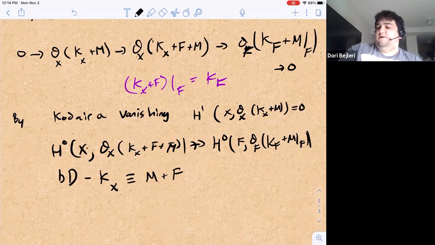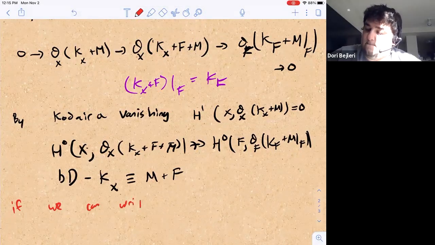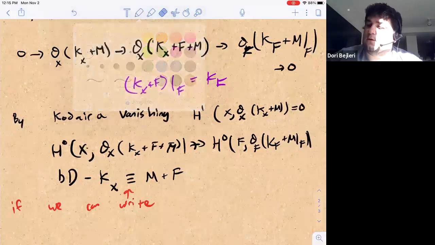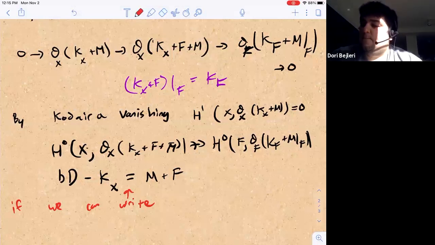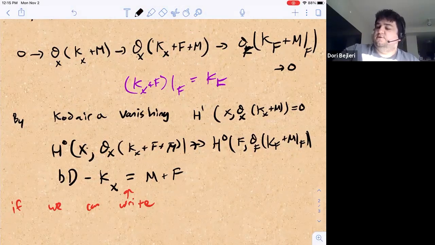Let me say it this way: if we can write BD minus KX like this, and here I really want equality, then we can apply this strategy to lift sections from the restriction to F to sections of BD.